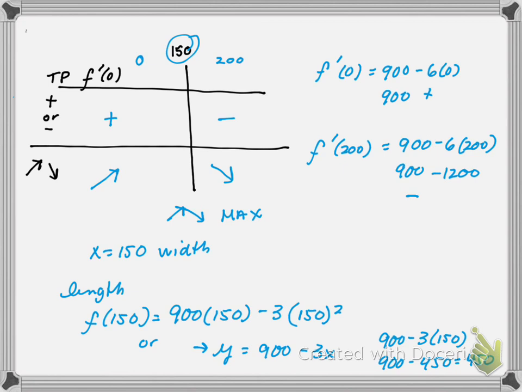So if my width is 150, my length is going to be 450 feet. Okay, so those are my two values for this problem. Those are my answers. So let me just make a box in yellow so you know that those are the answers. Okay, all right, so once again, you can use some of the skills we've learned to find out where something is a max or a min.